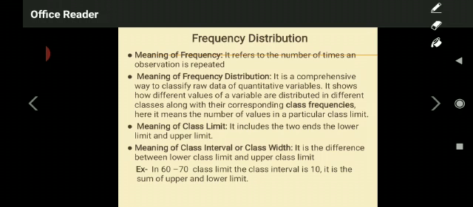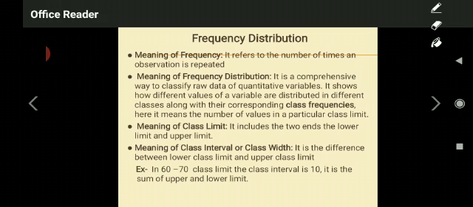Now look at the meaning of class limit. You have to understand. For the frequency distribution calculation, you have to understand these important aspects. Class limit is nothing but it includes the two ends, the lower limit and upper limit. As I said, if the class limit is 10 to 20, 10 is the lower limit, 20 is the upper limit.